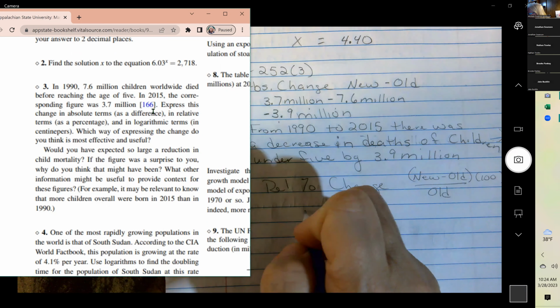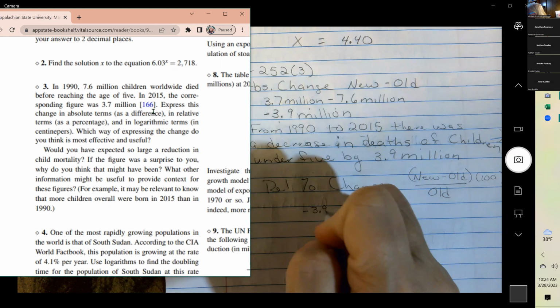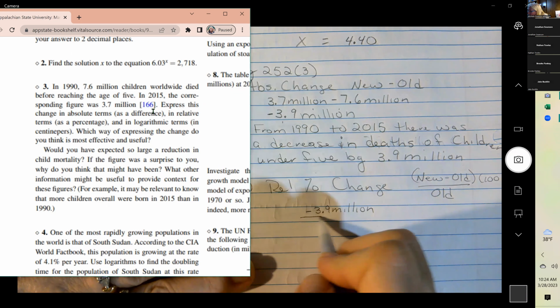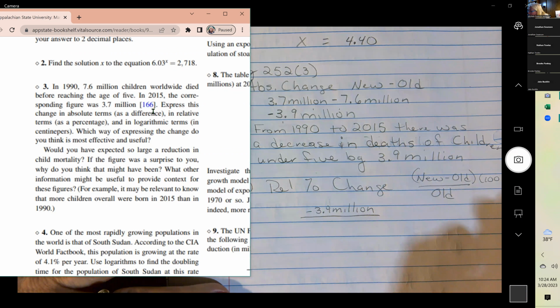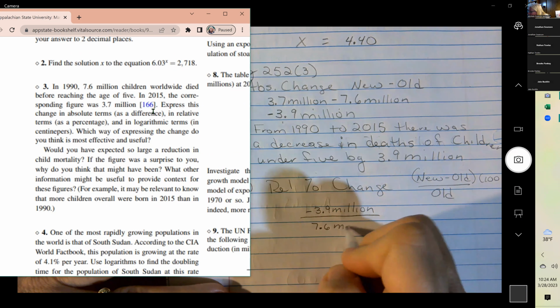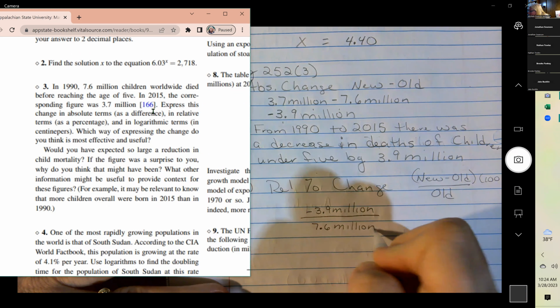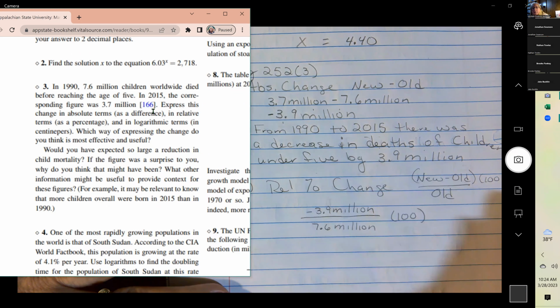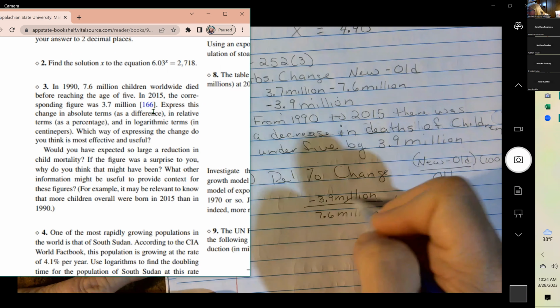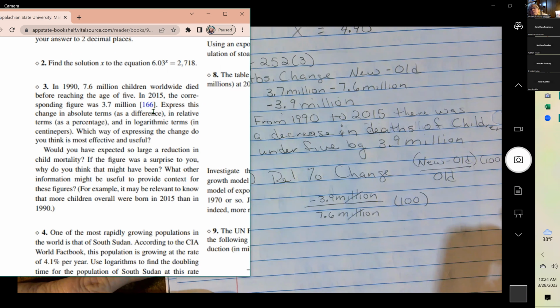So it's a negative 3.9 million divided by the original or the old value, which was the 7.6. Million children can cancel.